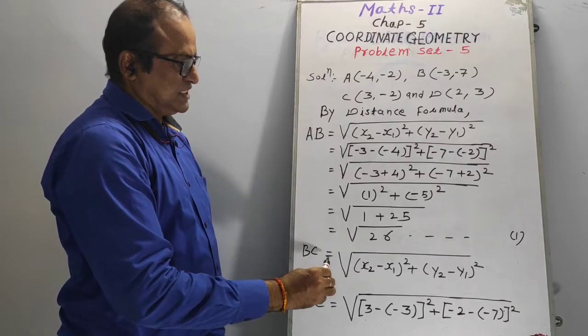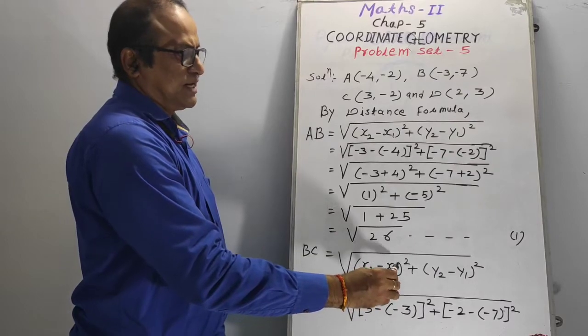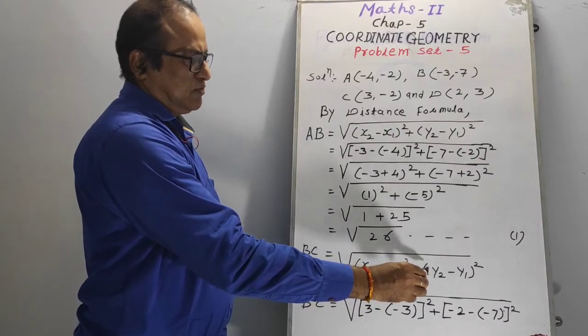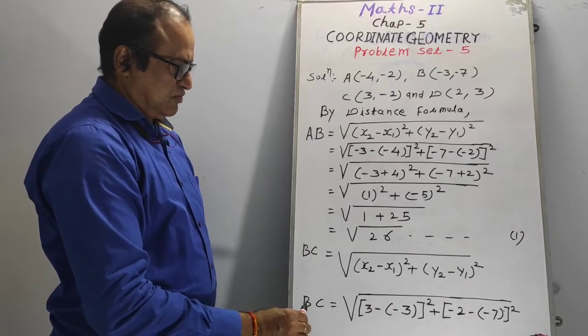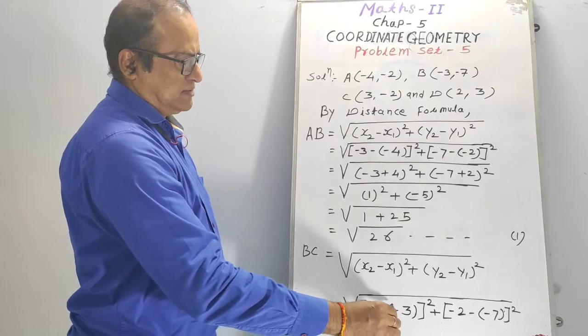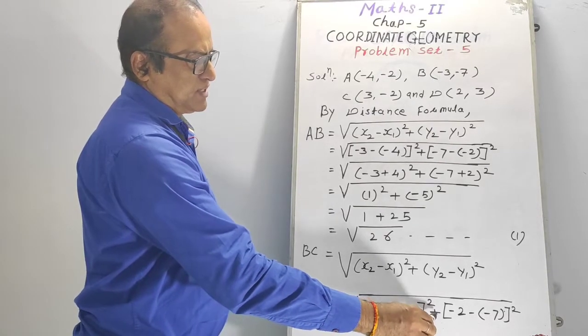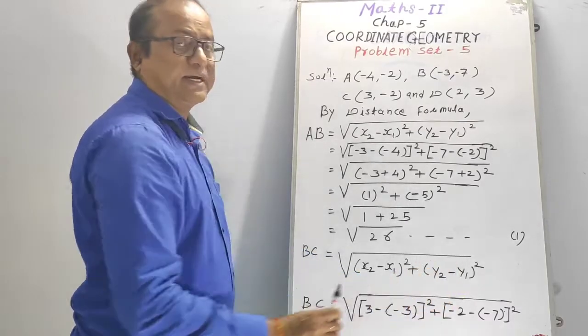Next, BC. BC is equal to under root (x2 minus x1) square plus (y2 minus y1) square by the distance formula. Therefore, BC is equal to under root (3 minus (-3)) square plus (-2 minus (-7)) square.